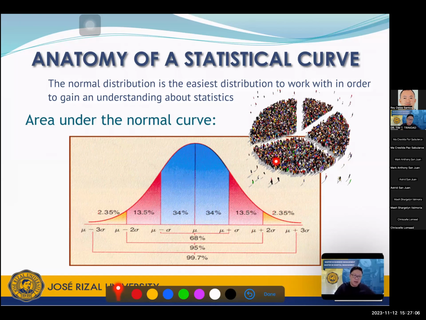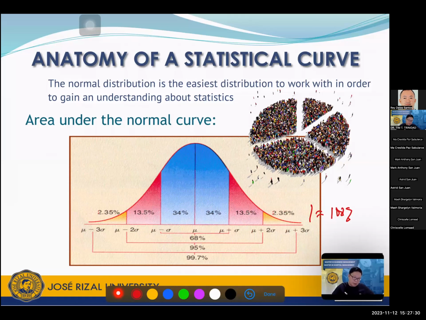So 100% of this population belongs to this. So that if you add up, again, 2.5, 13, plus 34, plus 34, it will add up to 1 or 100, supposedly, right?